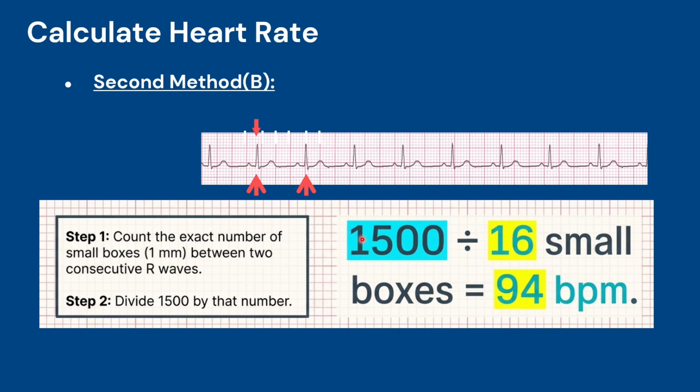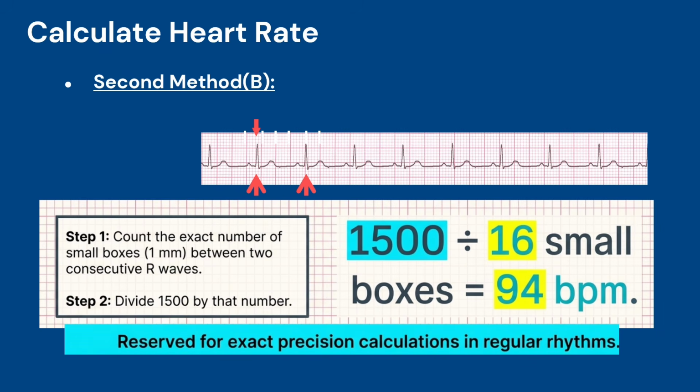Here in this case, 16 small squares will give you a heart rate of 94 beats per minute. So it is similar to the previous one, but in this one you use 1500 because you use the small squares, and in the previous one you used 300 because you used the large squares. So this method is reserved for exact precision calculation in regular rhythm.